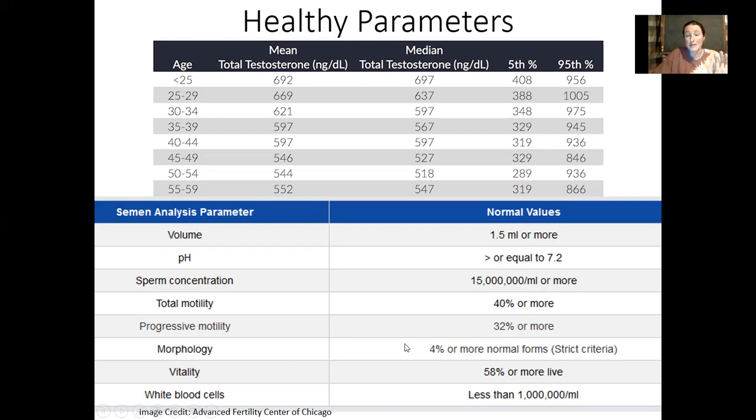Let's see, volume is 1.5 milliliters or more. The pH is slightly alkaline, and a theme that you should get out of this, and I'll bring up a couple more times, is that sperm really likes neutral or alkaline environments, and the female environment is mostly acidic.